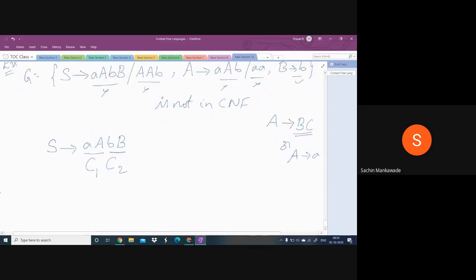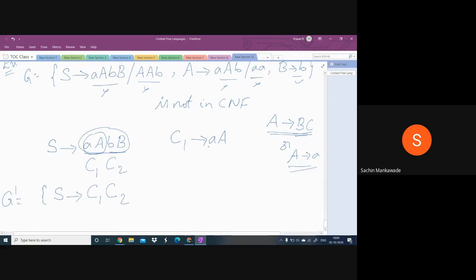G dash. Look at this. S derives, instead of writing this production, I am writing C1 C2. C1 is AA. If I write like this, every production will be in one of the required forms.